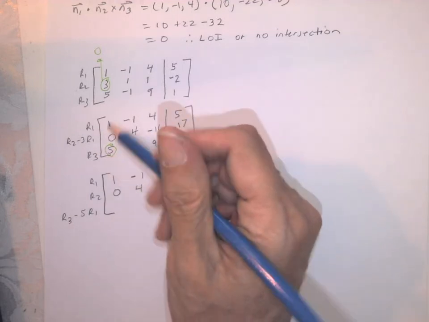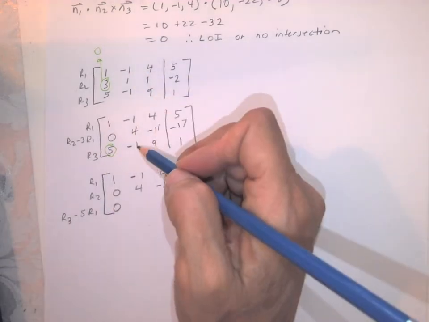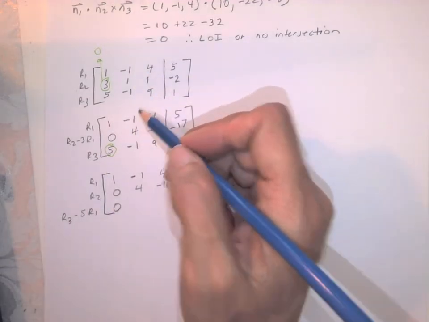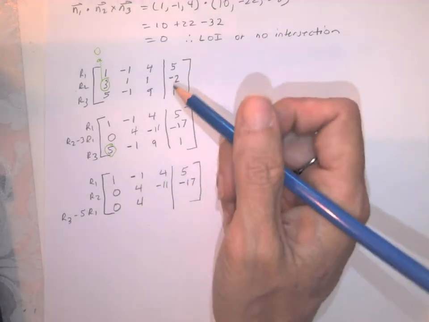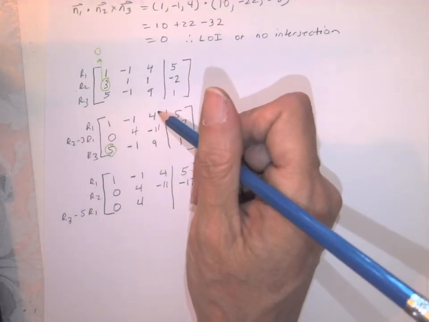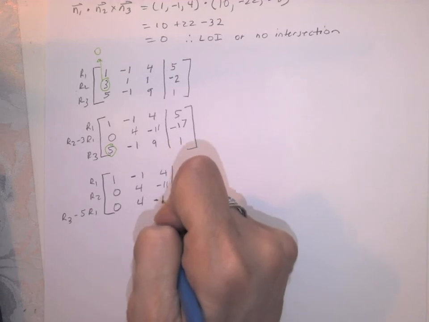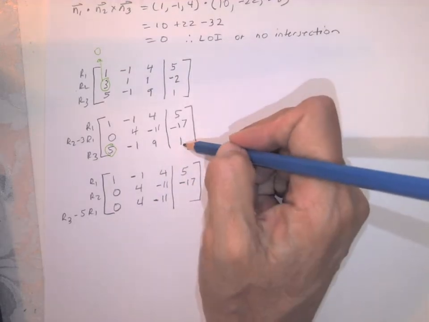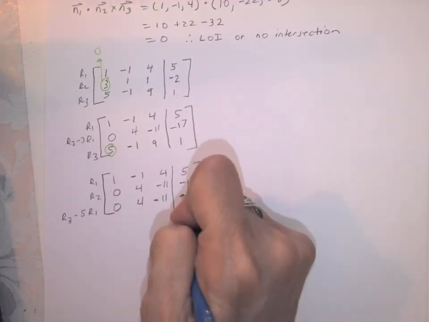So that's going to be 5 minus 5 is 0, negative 1 plus 5 is 4, 9 minus 20 is negative 11, and 1 minus 25 is negative 24.